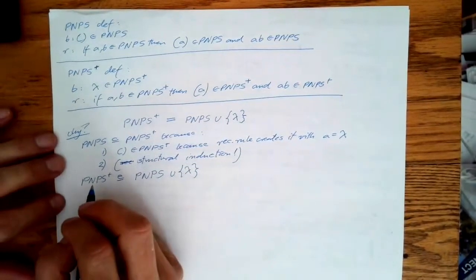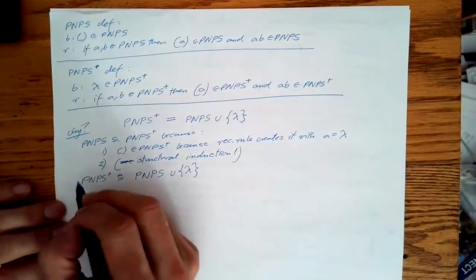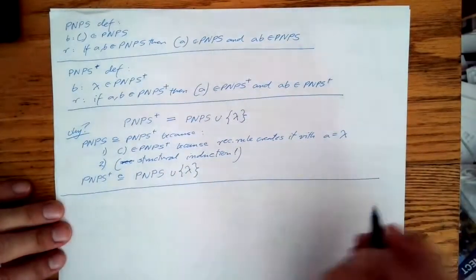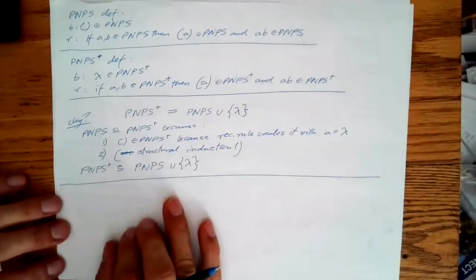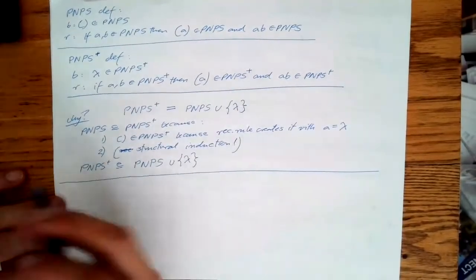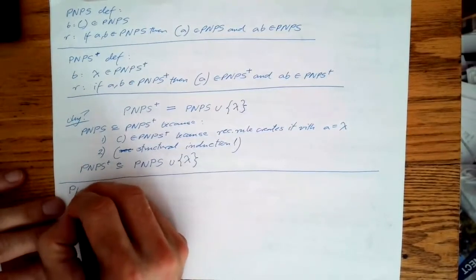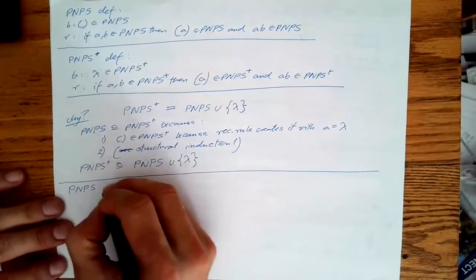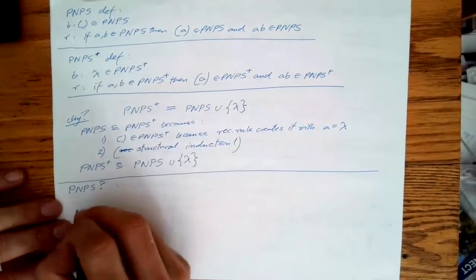Okay, I'm maybe getting slightly ahead of myself with this, but I want to end with some examples. They kind of leave it as a question mark for you. How about PNPS question mark, which will be defined like this?